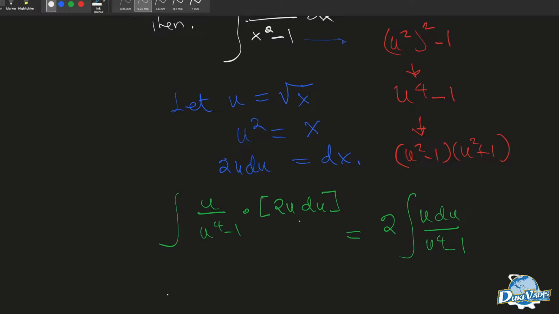This is 2u du, so that will make the u on top become u squared. So it will be u squared du.